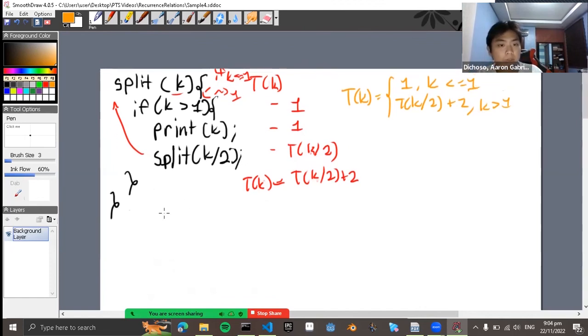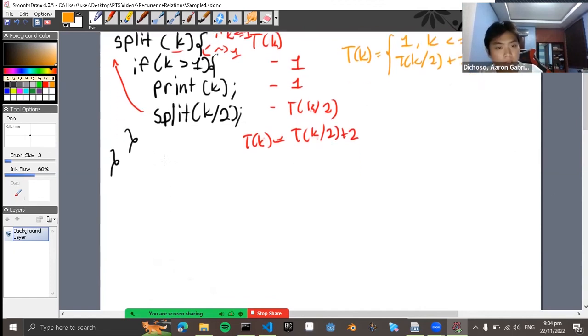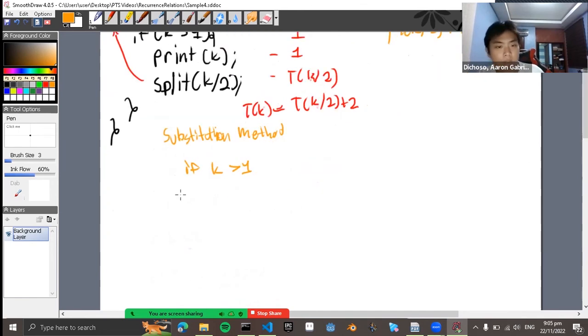Now let's perform the substitution method. Okay, so if k is greater than 1, we could say t of k is equals to t of k over 2 plus 2.